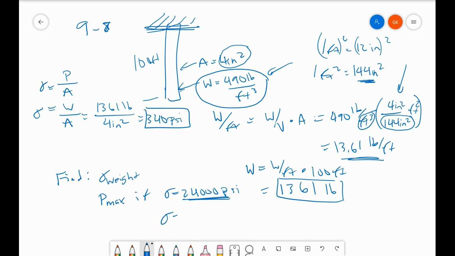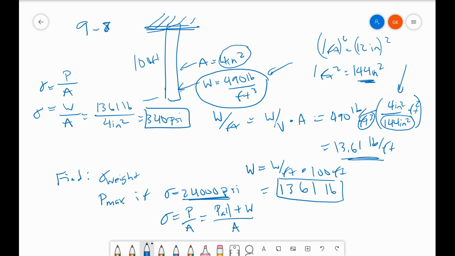So first off, stress is equal to load over area. To make it explicit, I'm going to rewrite this as P allowed plus the weight, over the area.